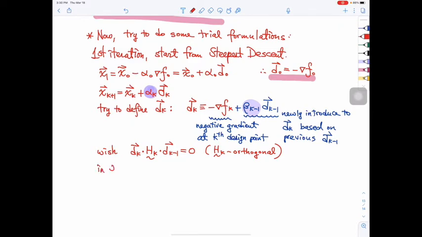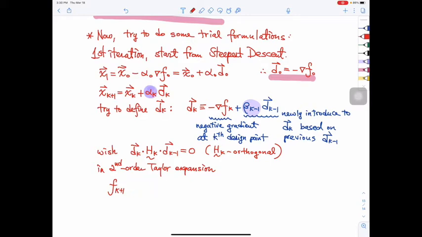In your second order Taylor expansion, you have fk plus 1 almost equals fk plus, maybe I do it too quick.